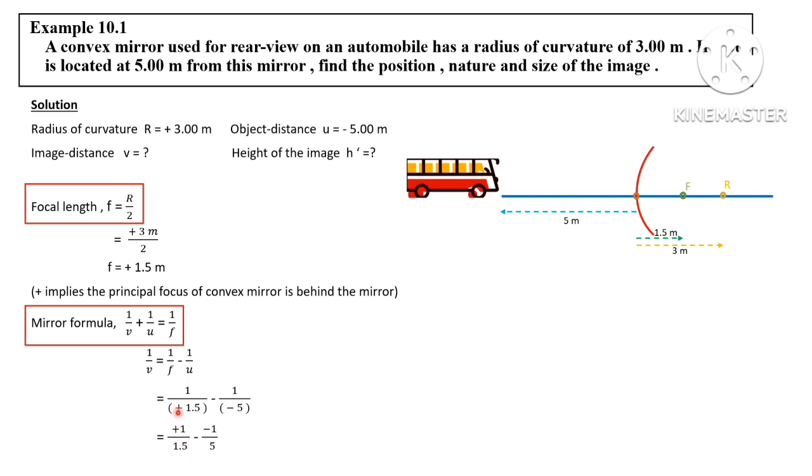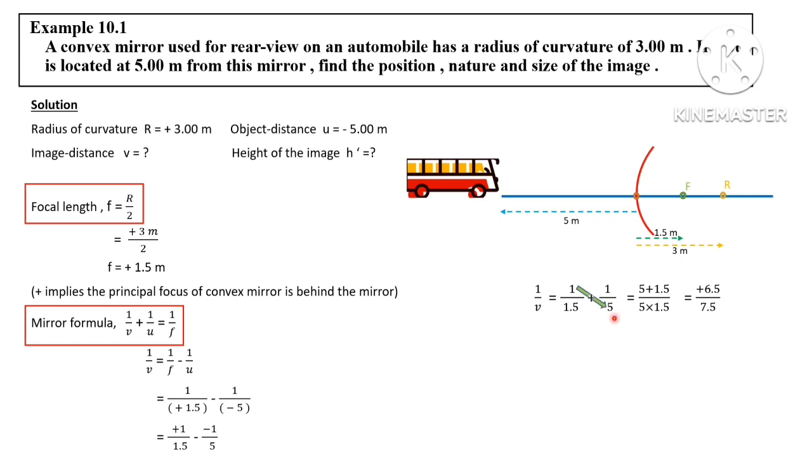Taking this positive sign to the upper side and taking this minus sign to the upper side, we can write these same terms like this. Okay, so plus 1 by 1.5 minus 1 by 5. So 1 by v equal to 1 by 1.5. This minus and minus together, it will become plus, isn't it? So 1 by 1.5 plus 1 by 5.